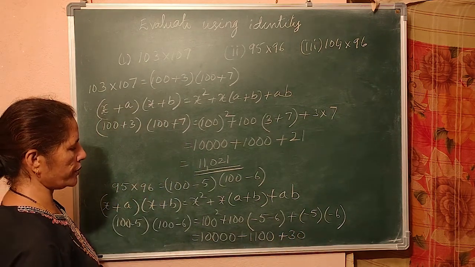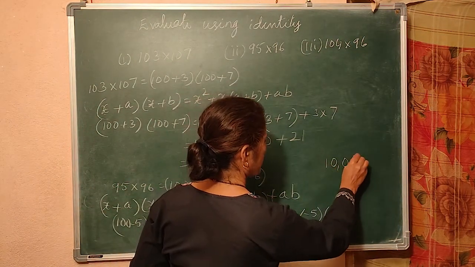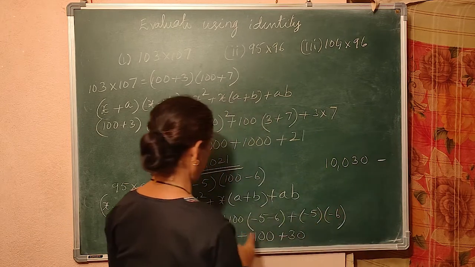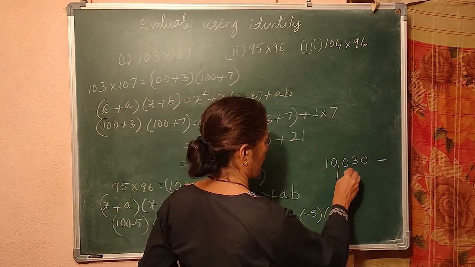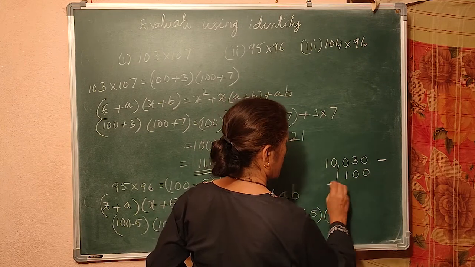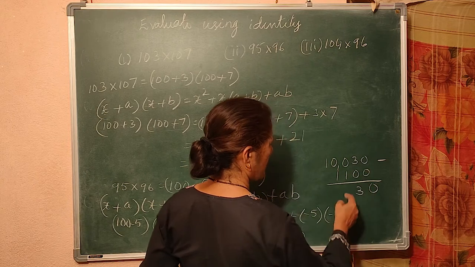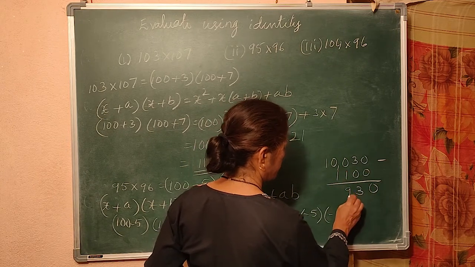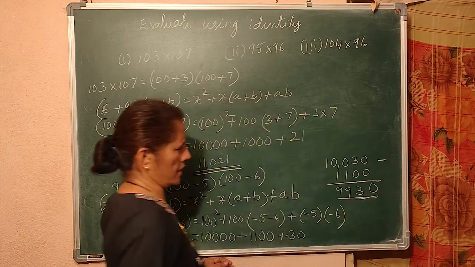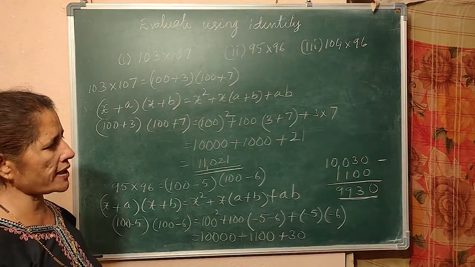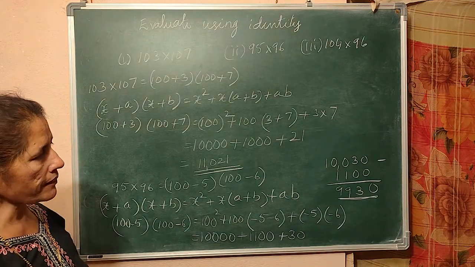So how can I do? 10,030, right? This is 10,000. 10,030 minus 1,100. 0 minus 0, 0. 3 minus 0, 3. 10 minus 1, 9. So 9,930, right?